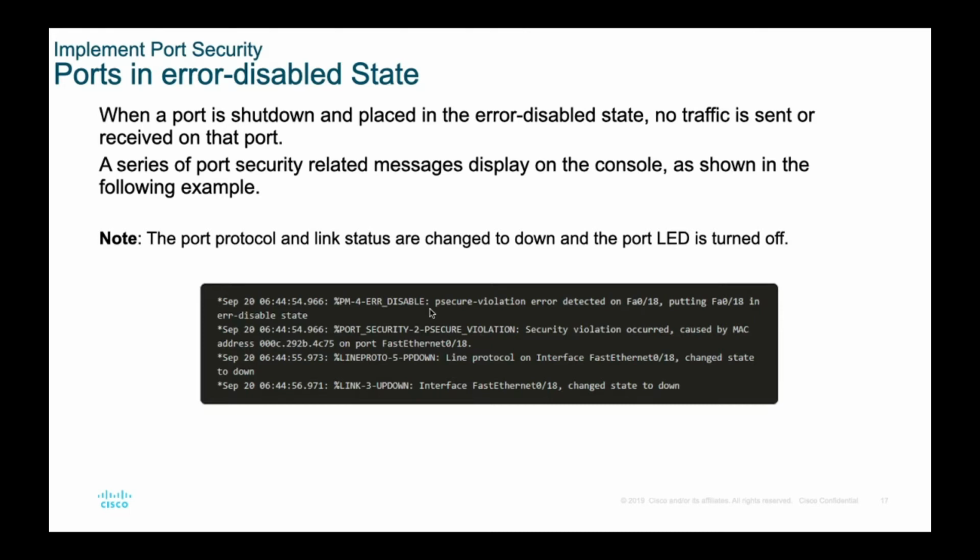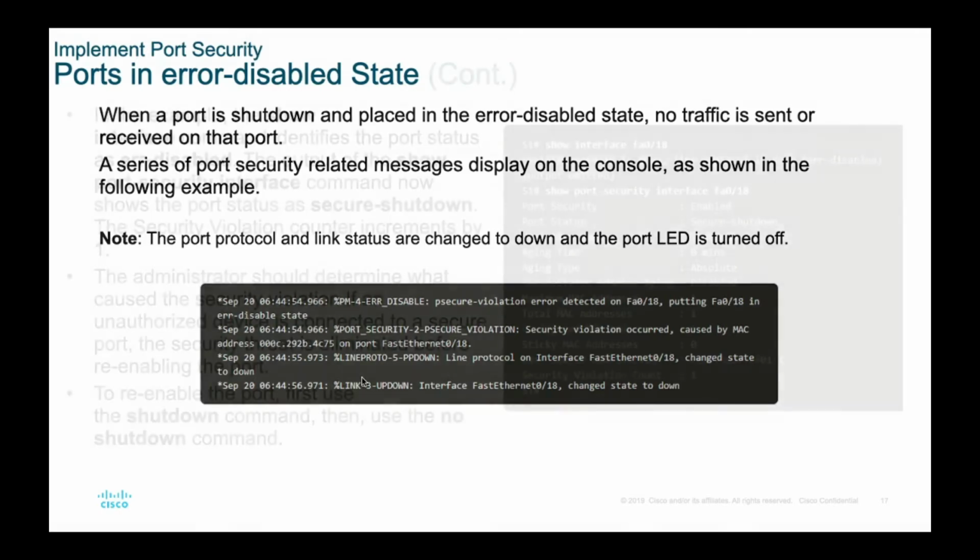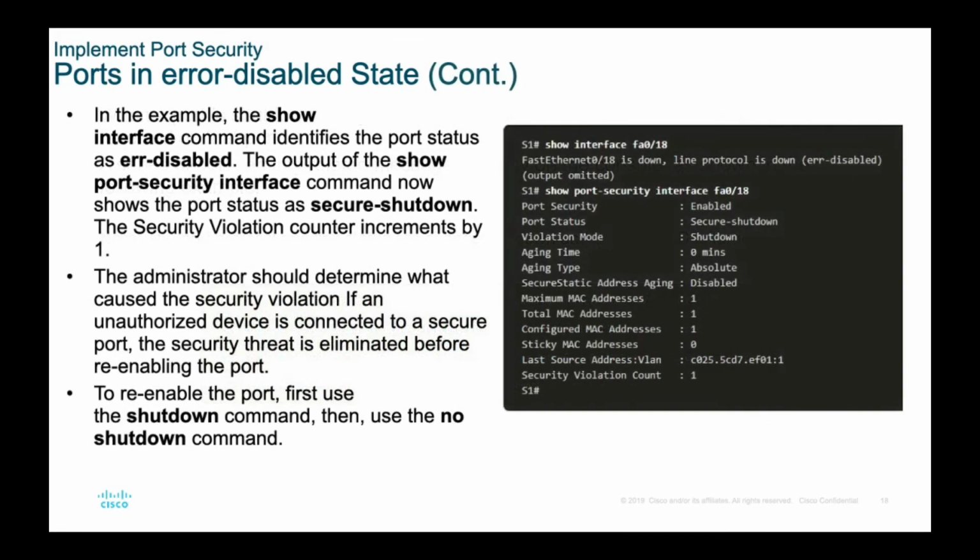PM4 err-disable, and I would like to show here line protocol interface FA0/18 changed state to down, which means the violation mode is shutdown. So you can do show interface FA0/18. You see FastEthernet 18 is down, line protocol is down, but in brackets err-disabled, and there is some other message.